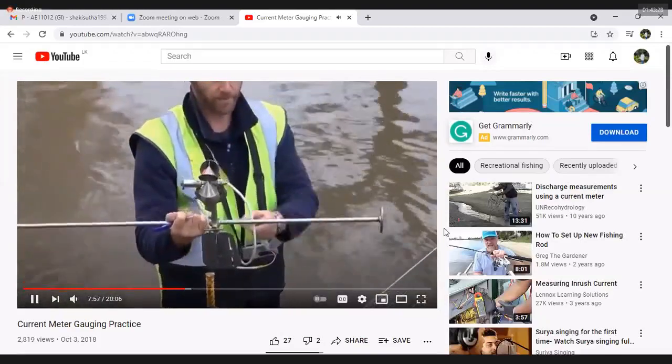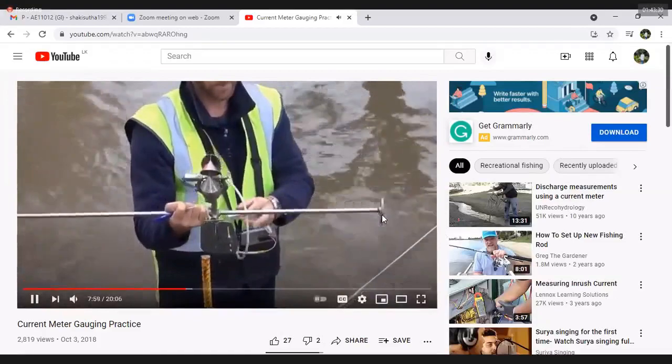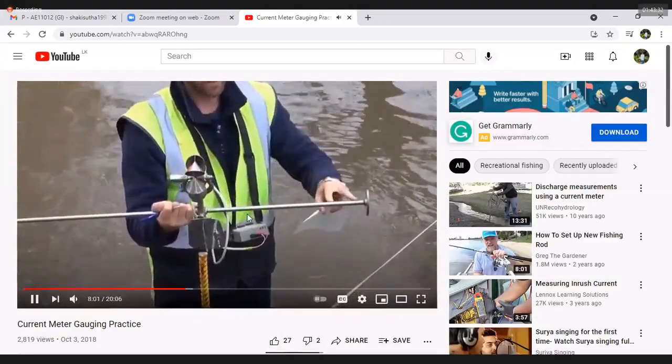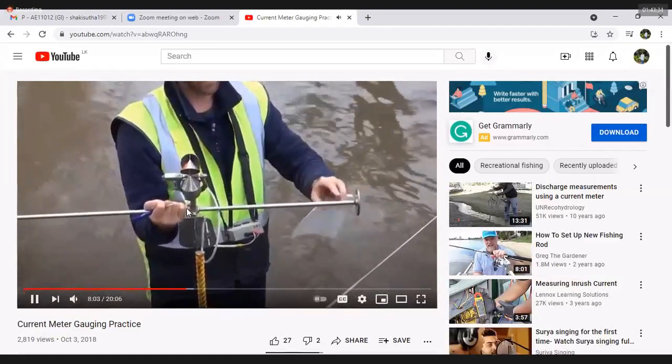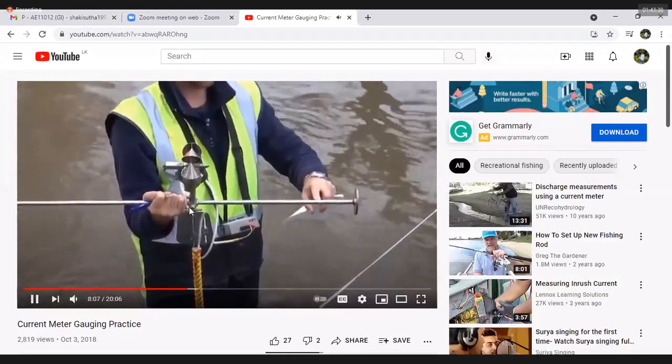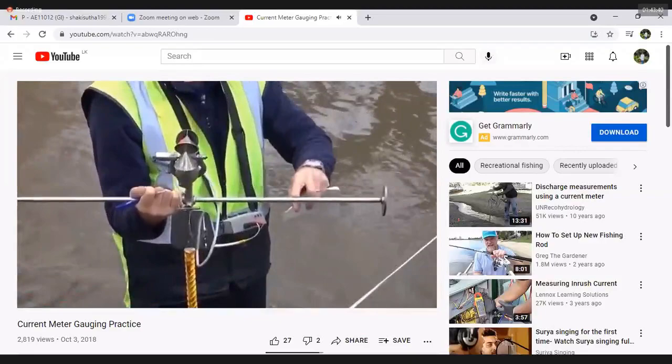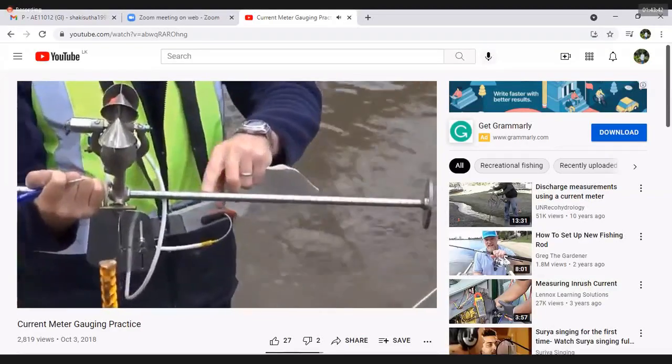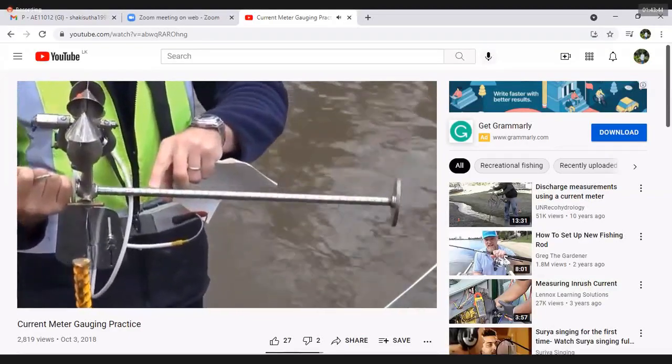So the next thing is, with the measuring rod, he will measure the total width, and according to the depth he needs to insert for the shallow, 0.6 meter from the surface.